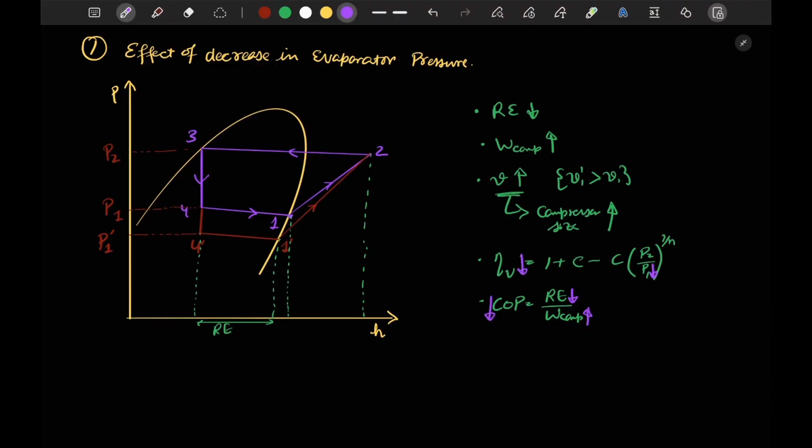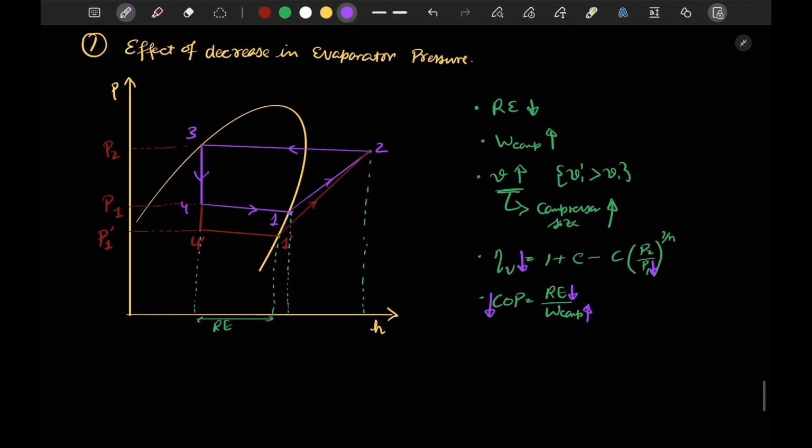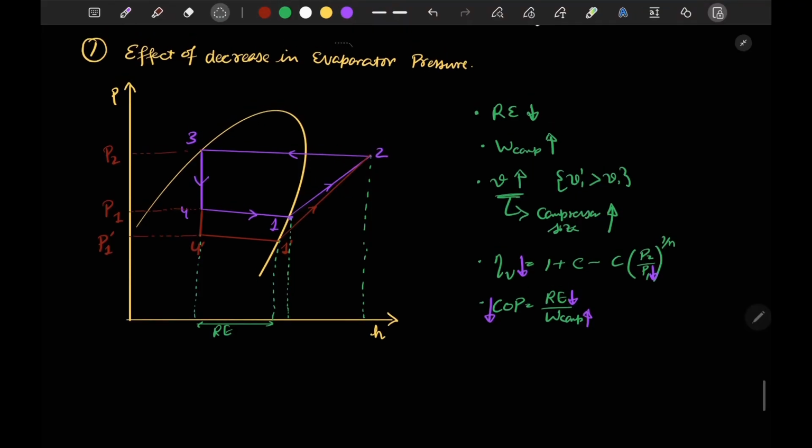Now let's talk about the increase in condenser pressure. Let me copy this here.